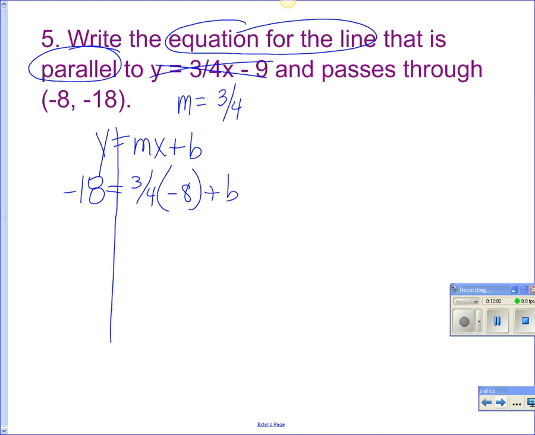Plus B. Okay. All right, Haley, what do I do next? Good. So negative 24, negative 6. And Tamara, what do you do next? So that gives you negative 12 equals B. Okay. All right, Andrew, help me write the final answer since it's not multiple choice. How would I write the final answer?